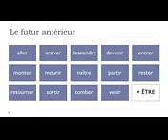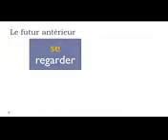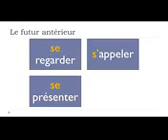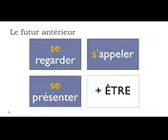Okay? And then when we talk about être, of course, as usual in French, for these composed tenses, all the reflexive verbs like se, something. Okay, so se regarder, for instance, or then s'appeler, or then se présenter. So they will all the time require être, okay?